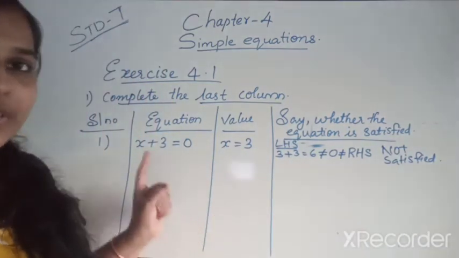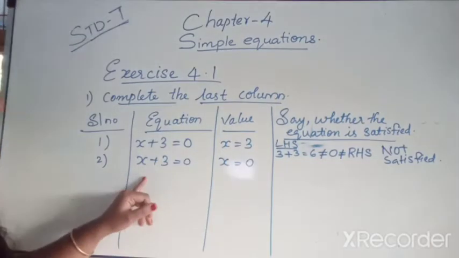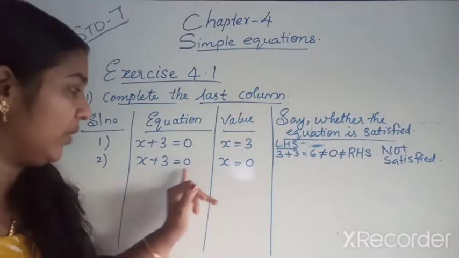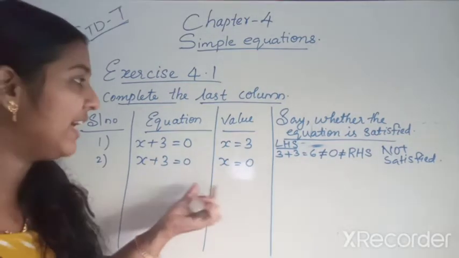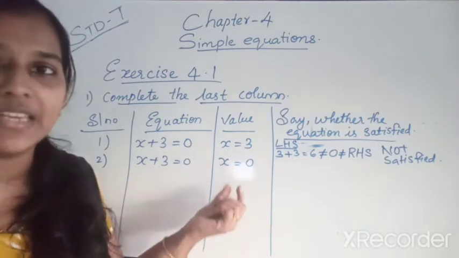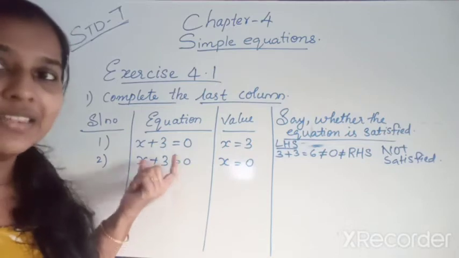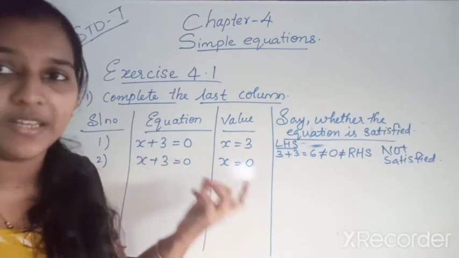Now let's move to the next one. In the second equation, it is x plus 3 equal to 0, and here the value is x is equal to 0. You have to check if we give the value 0 to x, whether this equation is satisfied or not.